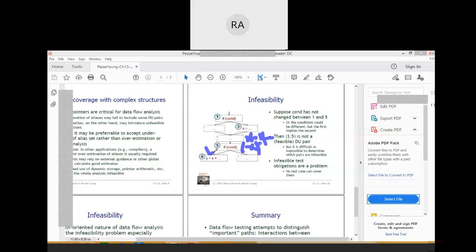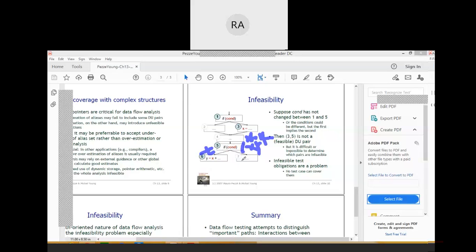It always gets evaluated to true, and this traversal will happen from 5 to 6. But 5 to 7, will it happen? Never. You cannot traverse 5 to 7 at all. So you will never have a test case which will test the traversal of nodes from 5 to 7.